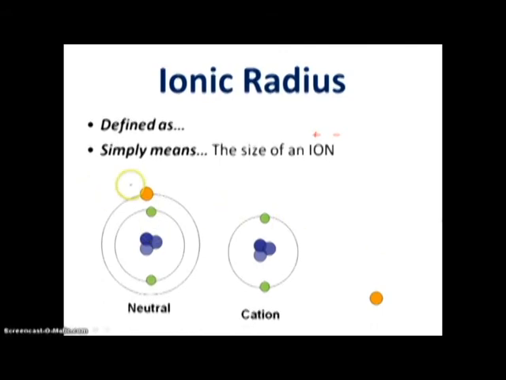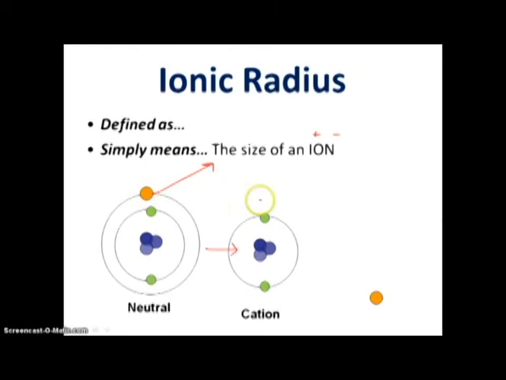In this case, this neutral atom lost an electron, so it became this one here. It's a smaller atom. So whenever it loses an electron, think of it like it's losing weight. It's losing mass, and it's going to become smaller.